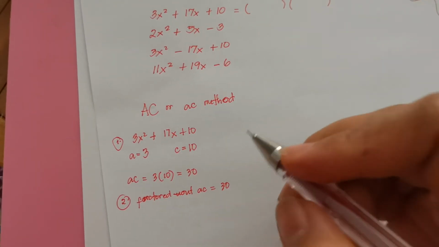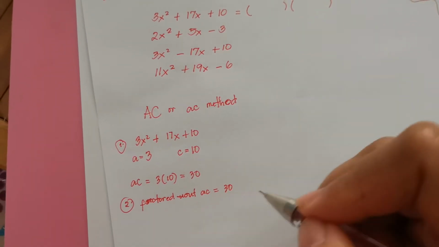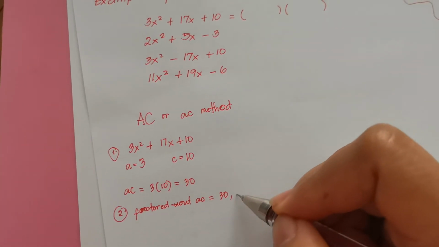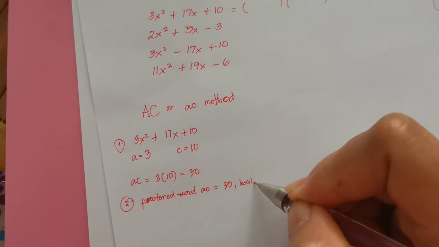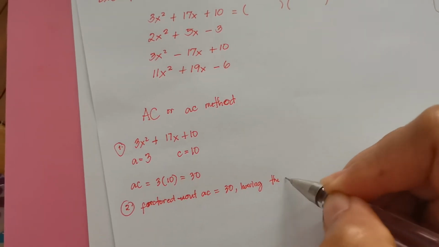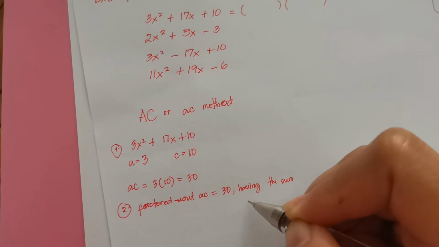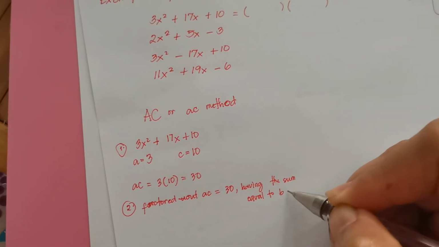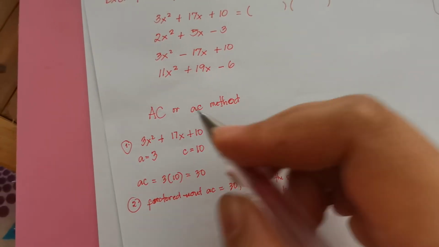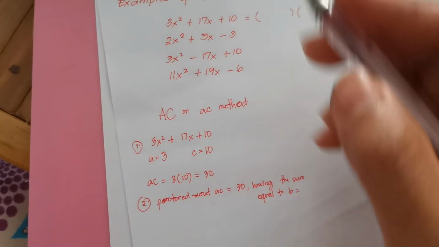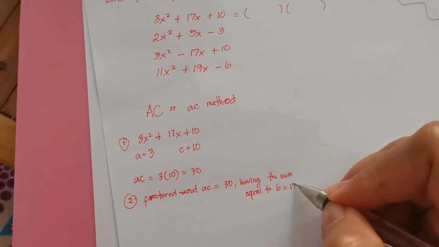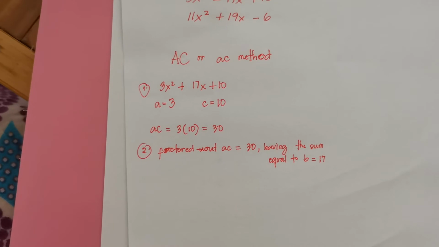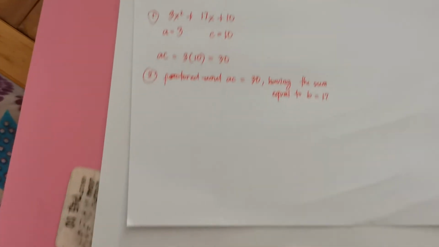But take note, the factors should having the sum equal to B. What is our B, by the way? Our B here is the numerical coefficient of x, so that we have 17. So look for the factors of 30 having the sum of 17. What to do?